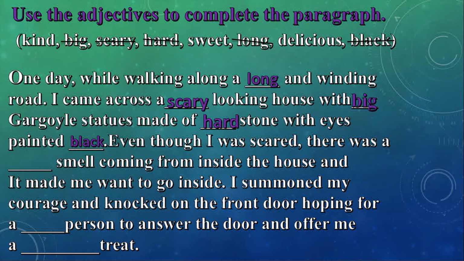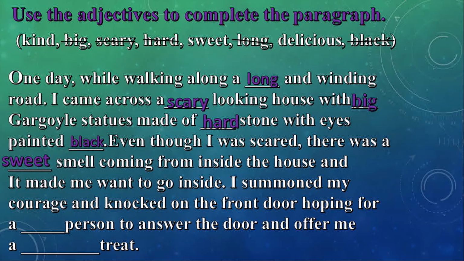Could it be a kind smell? Could it be a sweet smell, a delicious smell? Well, it's actually a sweet smell. So something may have been baking, something that invited the writer to the house, even though the house was scary with all these different things that would generally turn you away. Good? So it's a sweet smell coming in from inside the house, and it made them want to come closer.